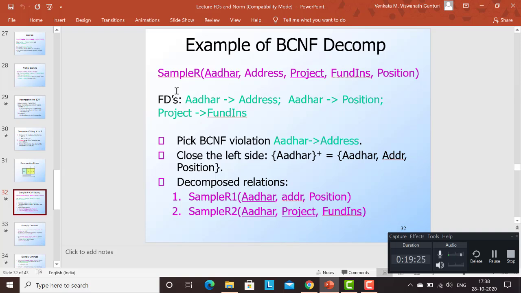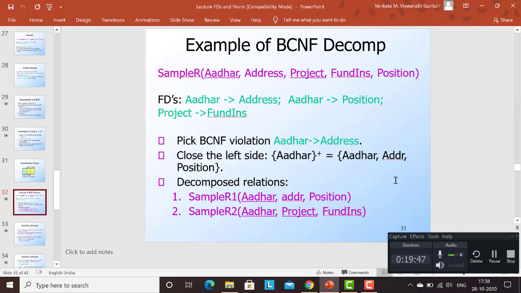So I started with this particular schema, and these were our input set of functional dependencies. As always, I pick one FD which violates my BCNF. One thing to note here is that depending on what FDs I pick here, the end result might be different.